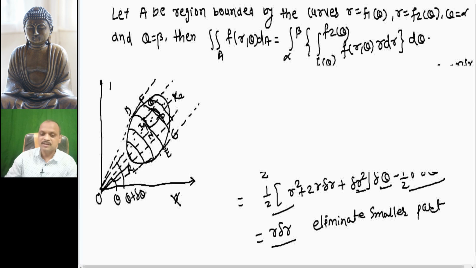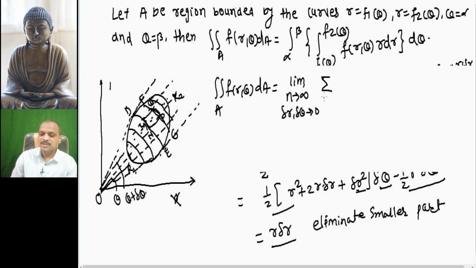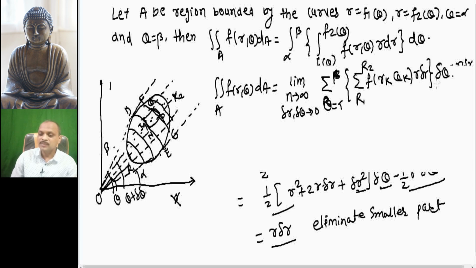The double integration over A of f of r comma theta into dA equals, in the limiting case n tends to infinity, delta A r and delta theta tend to 0, the summation for theta from alpha to beta, where alpha is this angle and beta is the whole angle, these being the boundaries, and the summation from r1 to r2 of f of r k theta k r into delta r into delta theta.